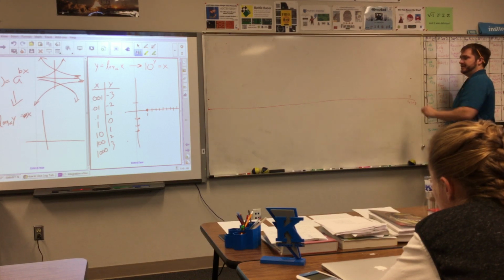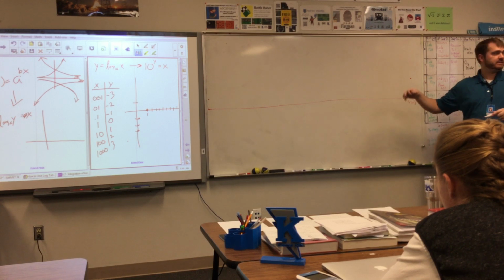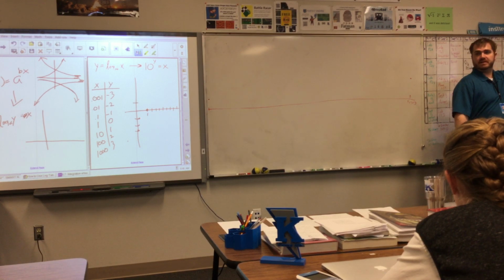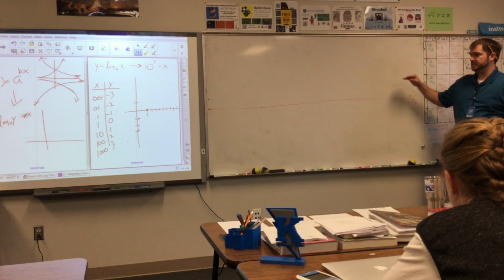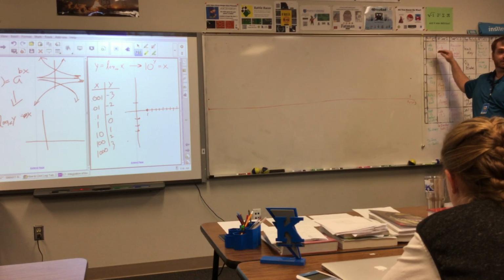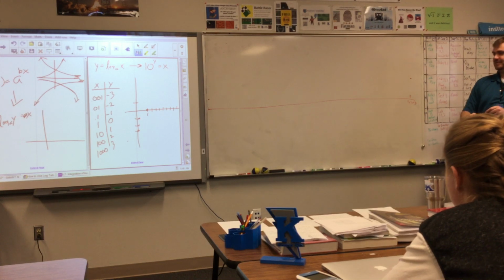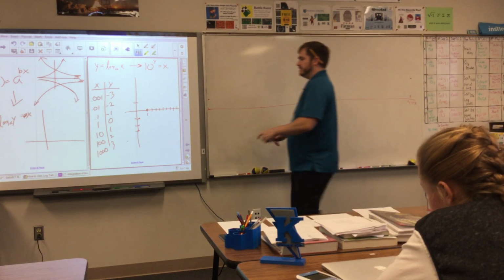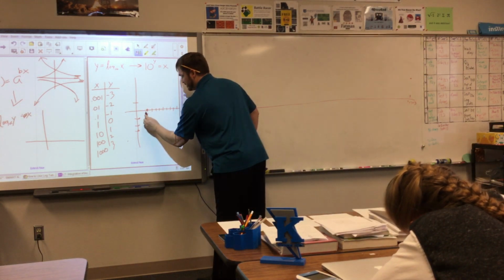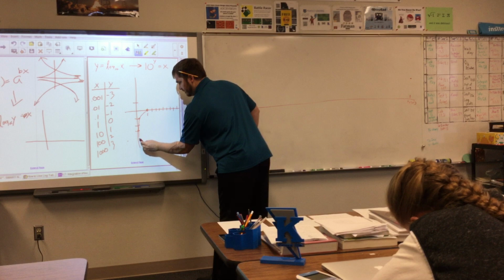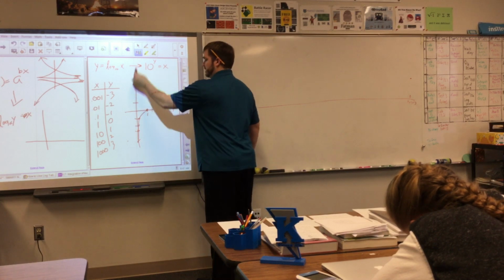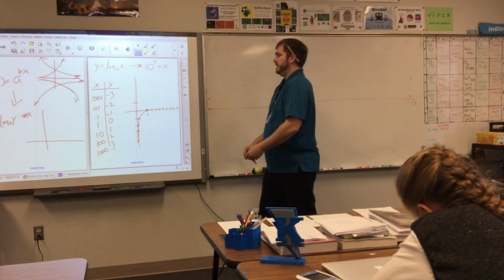Wow. All right. And next value of 1,000, so about to the sidewalk out there, we're going to be at 3. Wow, this thing is really growing very slowly. In fact, we find out that it's asymptotic there at the y-axis.